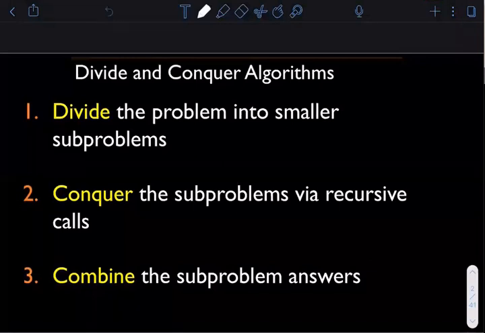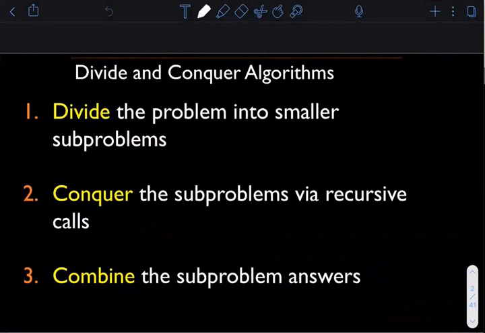Okay, so that's divide and conquer. Of course, divide and conquer is not only about dividing and conquering, but it also has a third component which we call the combining part. Remember, up to step 2 all we did was conquer the subproblems, but ultimately we need a solution to the bigger problem that we started with. So that's where the combine part steps in.